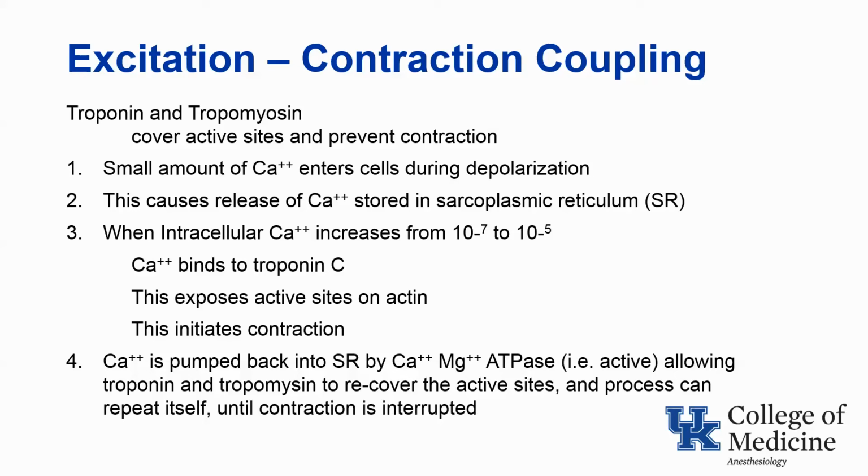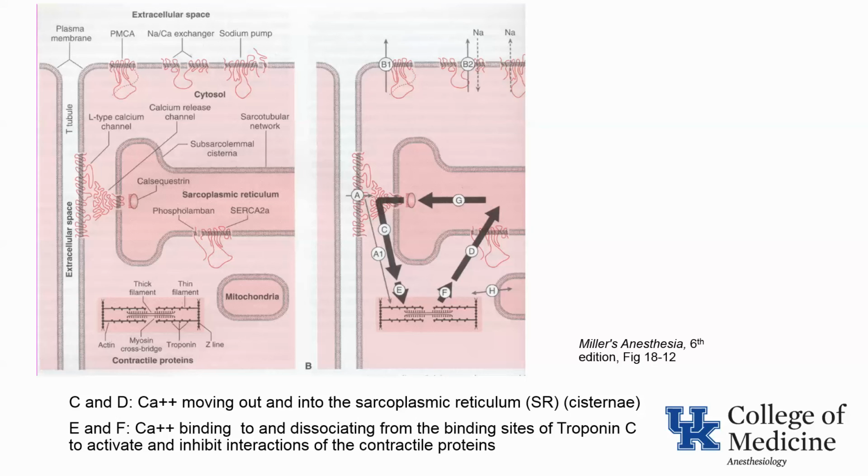When a small amount of calcium enters the cell, this causes exposure of these sites and initiates contraction. Calcium is then pumped back, and this ends contraction. These phenomena are summarized in this diagram from Miller's textbook.